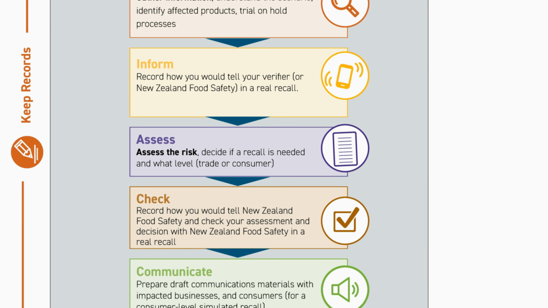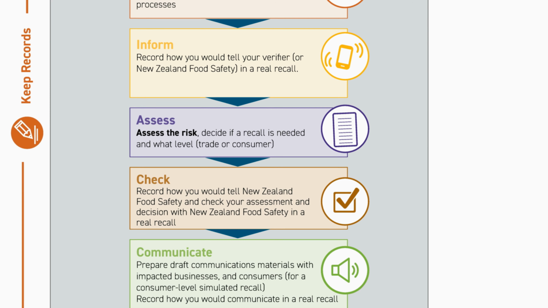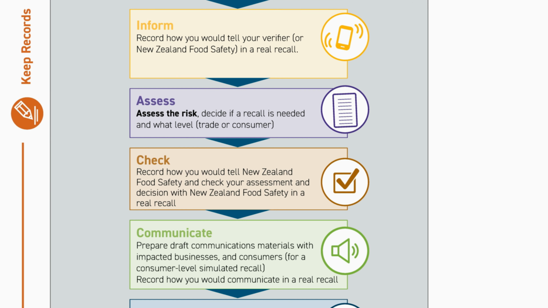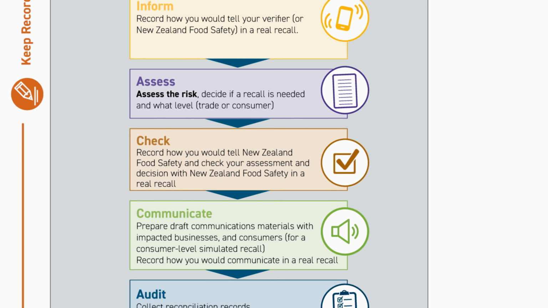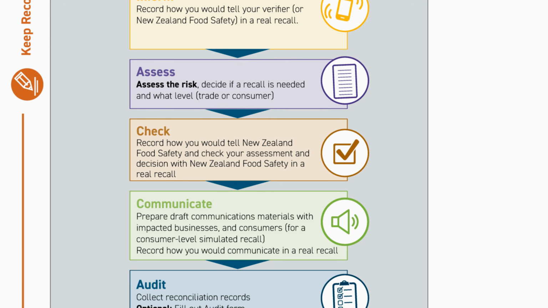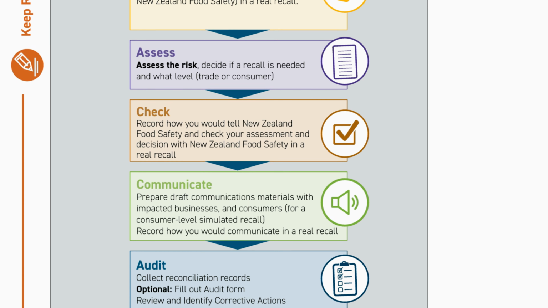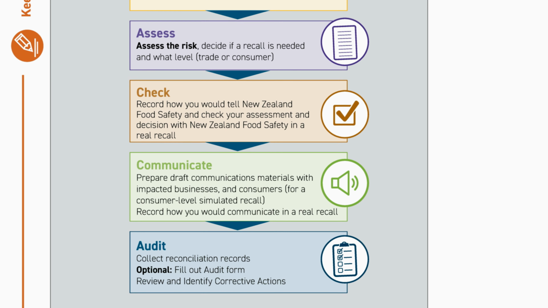Communicate. Prepare draft communications materials with impacted businesses and consumers for a consumer-level simulated recall. Record how you would communicate in a real recall. Audit. Collect reconciliation records. Optional, fill out audit form, review and identify corrective actions.